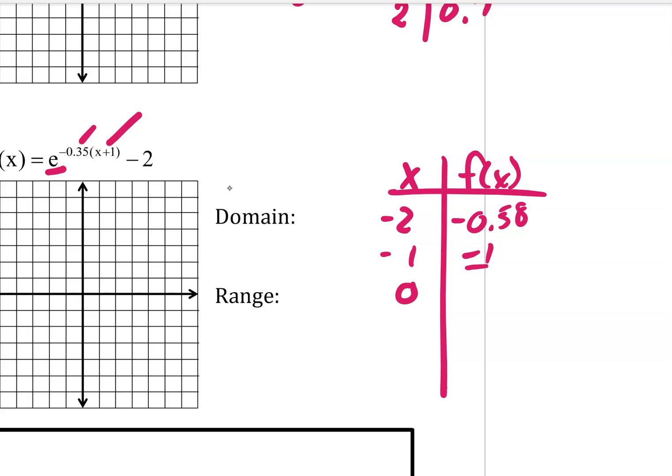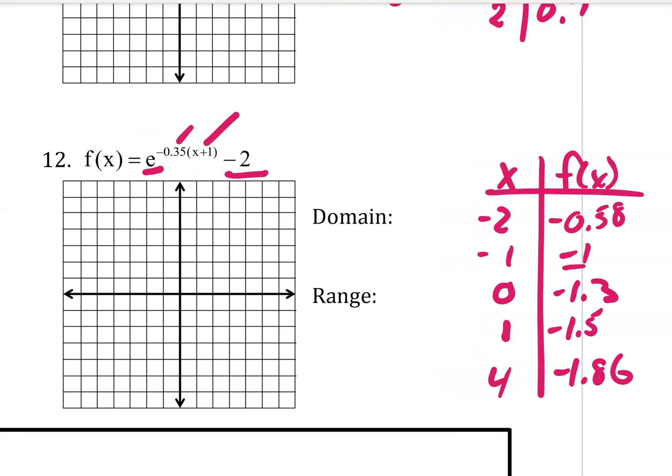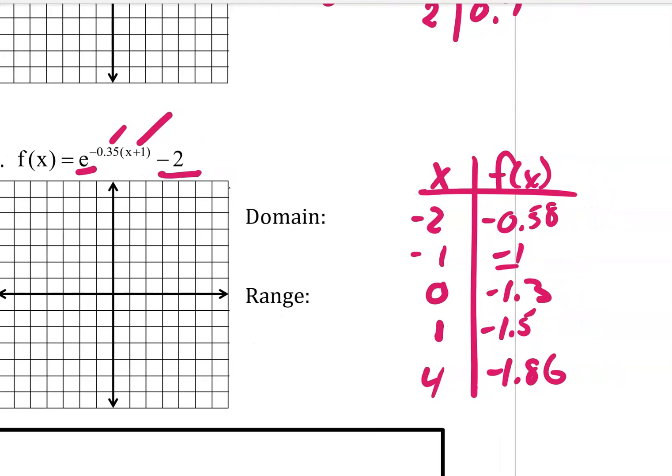When x is 0, I get negative 1.3. When x is 1, I get negative 1.5. When x is a bigger number, like 4, negative 1.86. I should have gone higher with my negative numbers, because now I'm multiplying by a negative number.